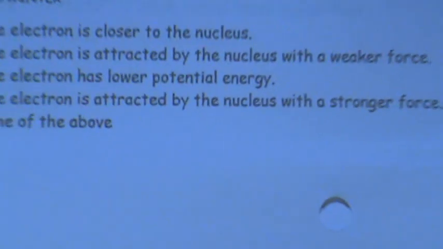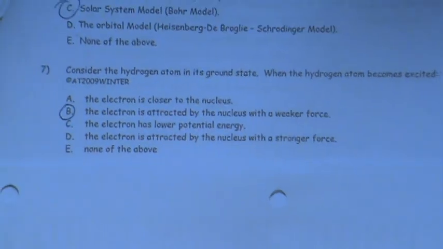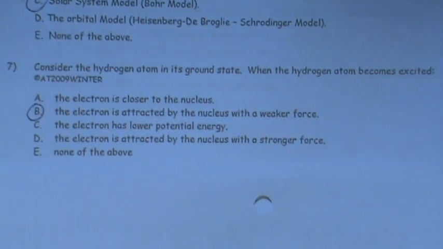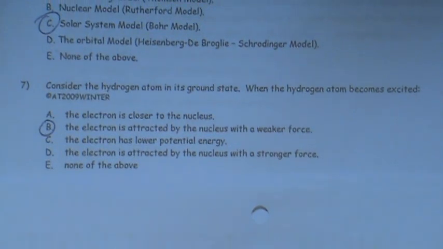Let's try again. A, B, C, D, E. So most people said B, and that's bravo, that's correct. How many people do not understand why it's happening this way? Let me see your hands. What are you going to do about it now?